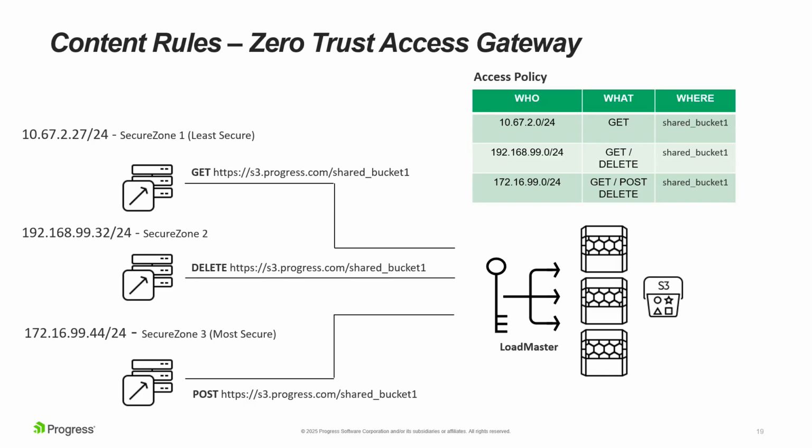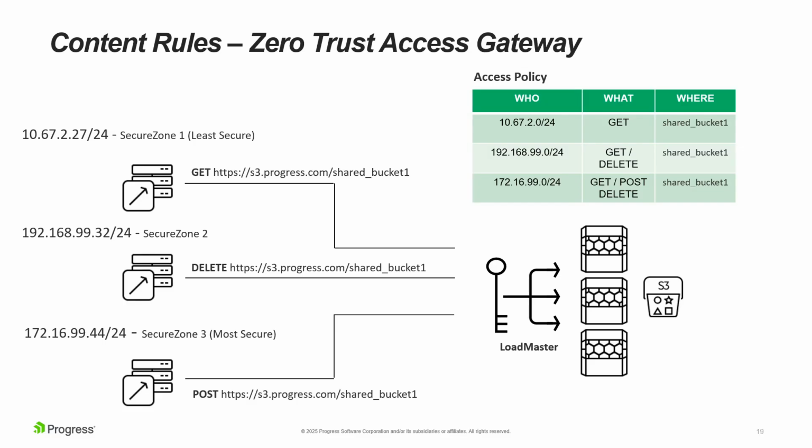And they wanted to make sure that under no circumstances should an application in the least secure zone have the ability to write to a bucket that an application in the most secure zone would have access to. There was a fear that this least secure application could upload something malicious that the application in the most secure zone could execute and compromise that entire zone.